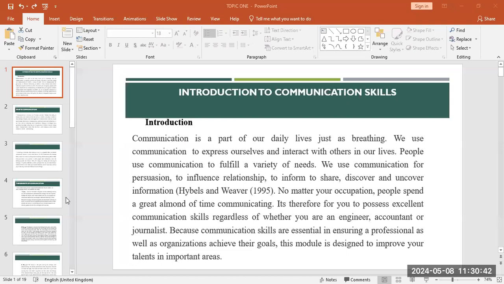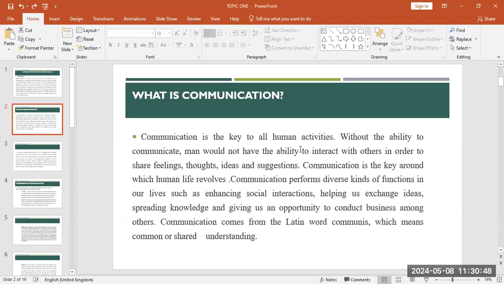So having said that, as we are on the introduction part, we ask ourselves, what is communication then? Communication is the key to all human activities. Without the ability to communicate, a man would not have the ability to interact with others.